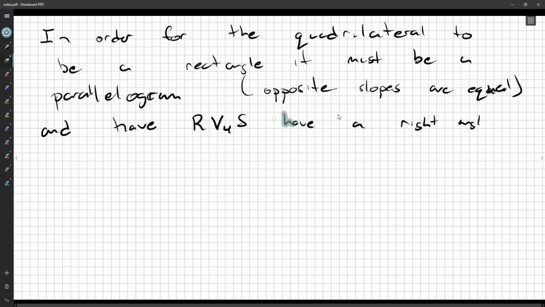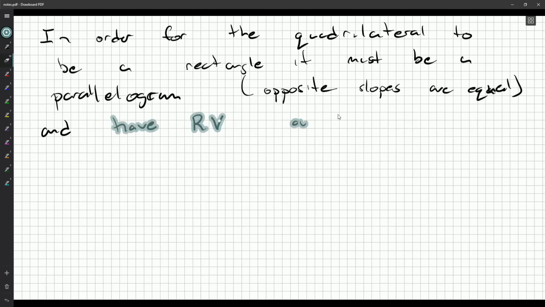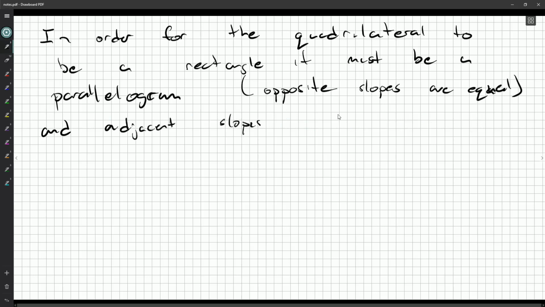Well, we could even say this. Let's say adjacent slopes, that is, they share a common point, be negative reciprocals.